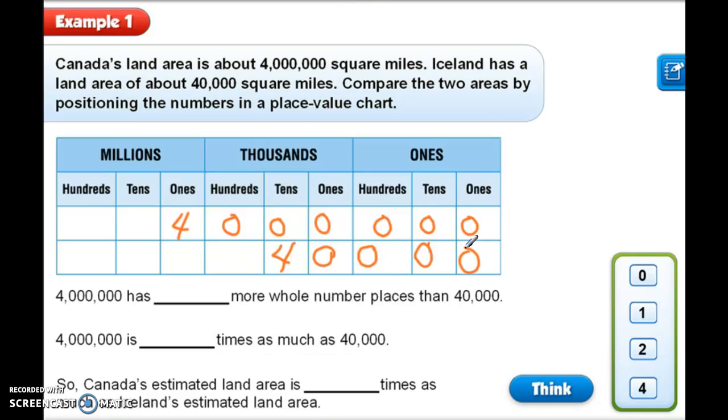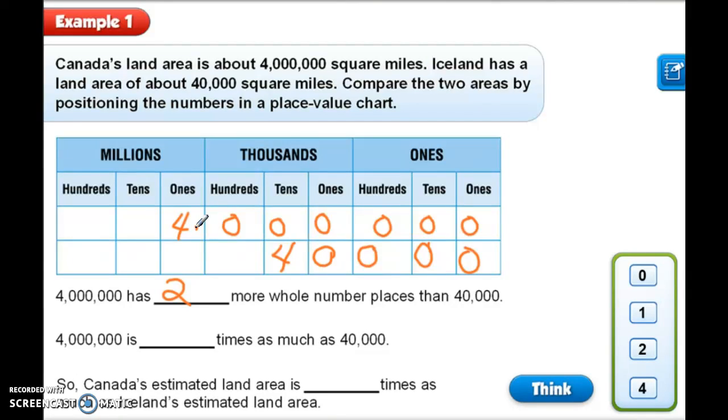So if we're comparing those, the question is 4 million has blank more whole number places than 40,000. How many empty spots are in our chart? 2. So there are 2 more whole numbers in 4 million than there are in 40,000. 4 million is blank times as much as 40,000.